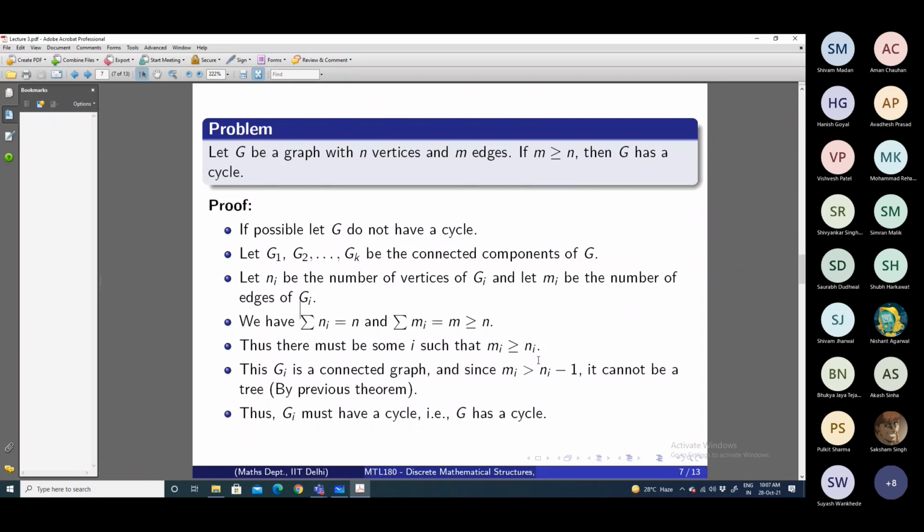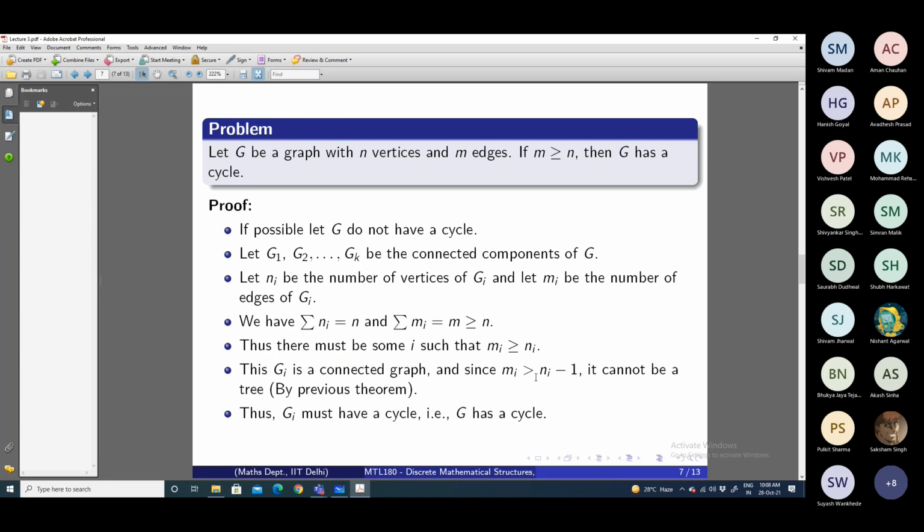Now note that we assume that G does not have any cycle. Therefore each of the Gi does not have any cycle, and here Gi is connected. So therefore Gi is a connected acyclic graph, that is a tree. And also mi is strictly bigger than ni minus 1, since mi is bigger than or equal to ni.